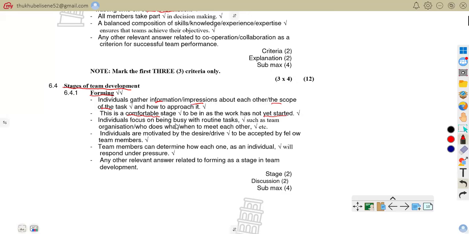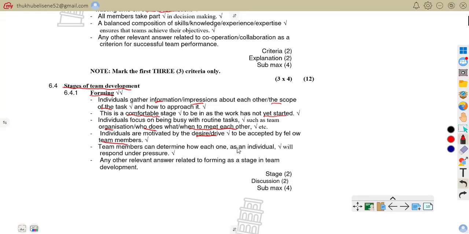Individuals focus on being busy with routine tasks such as team organization, who does what, and when to meet each other again. You see, that is the forming stage. We are busy with our routine tasks such as the organization, who's going to do what, when, and stuff like that. Individuals are motivated by the desire or drive to be accepted by fellow team members.